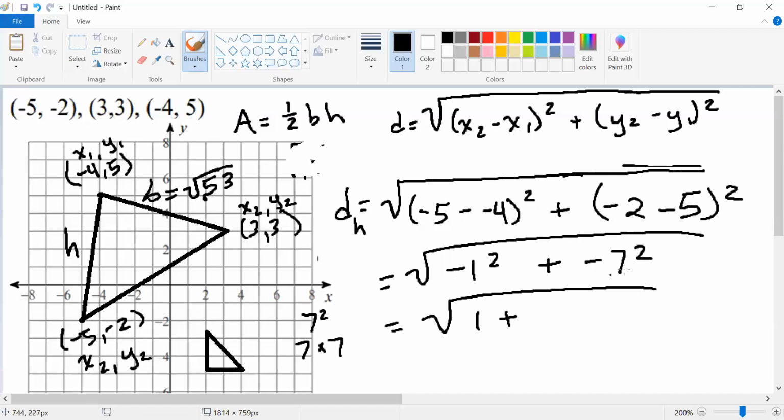And we have -7 squared, -7 times -7, which is 49. And this will become the square root of 50.